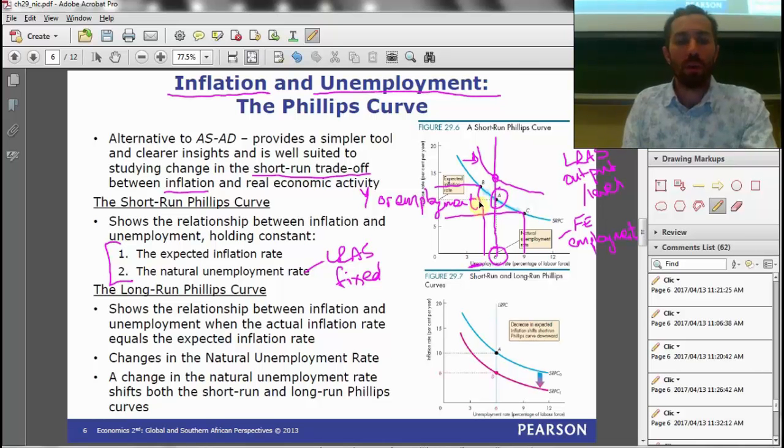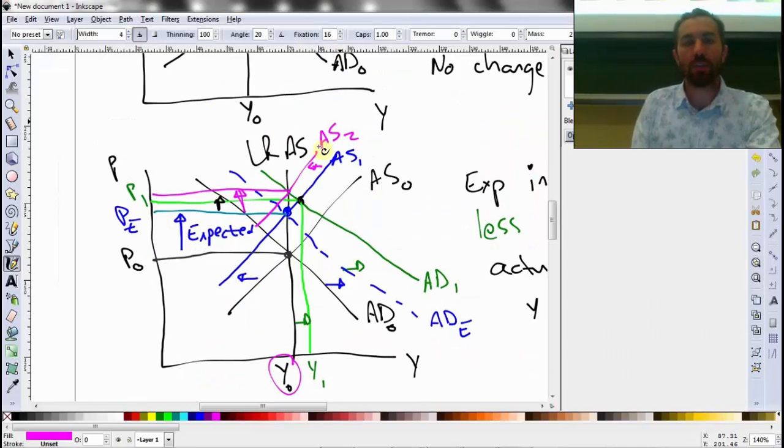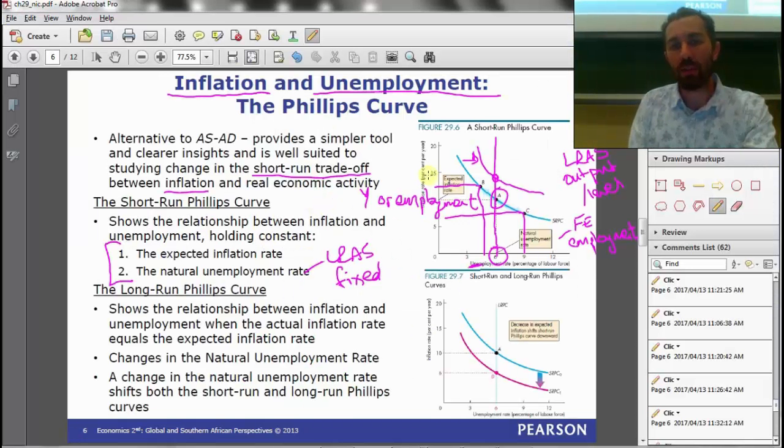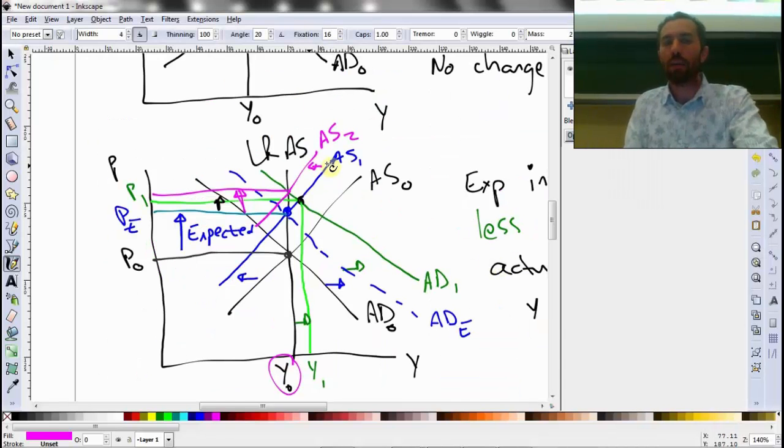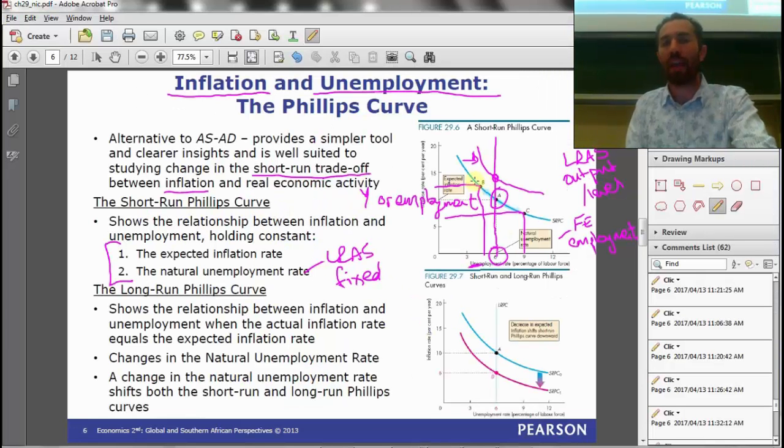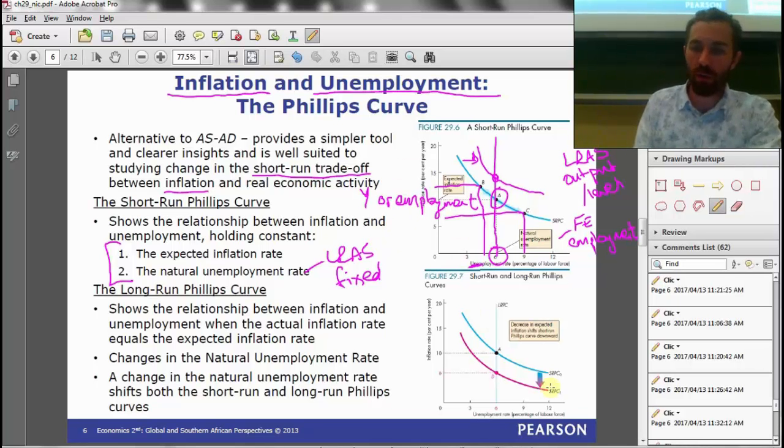So as soon as I change my expectations about inflation, I shift my aggregate supply curve, and the relationship between the actual inflation rate and my level of unemployment changes. A shift in the aggregate supply curve is the same as a shift in the short-run Phillips curve. So what we have here, if we look at the short-run Phillips curve relationship, is a relationship between unemployment and inflation rate.